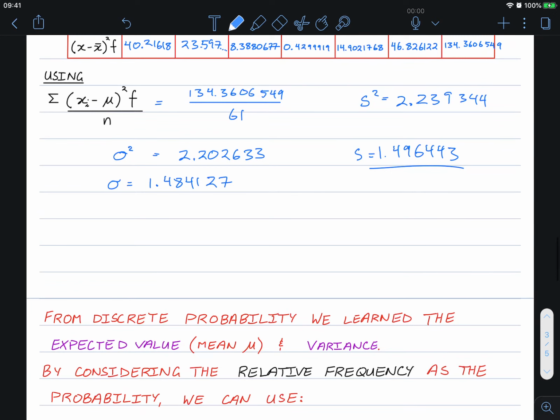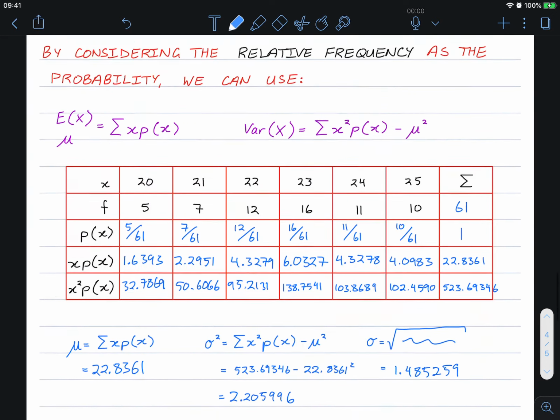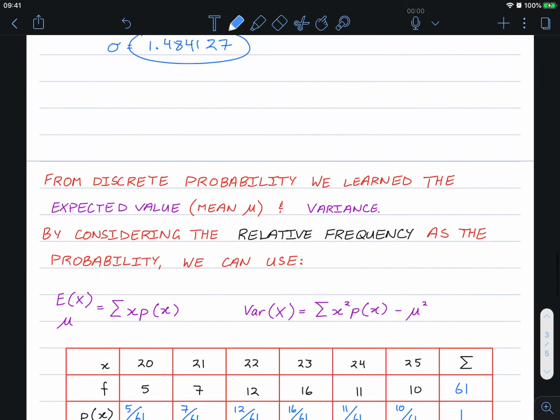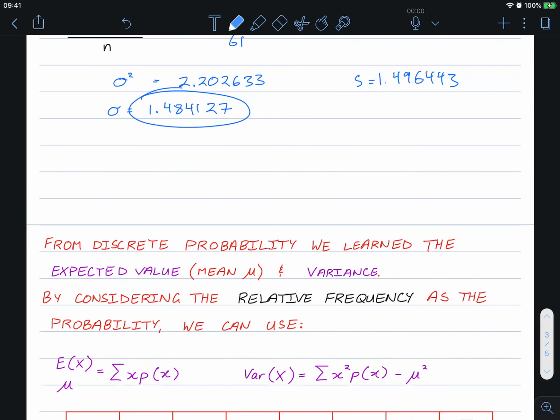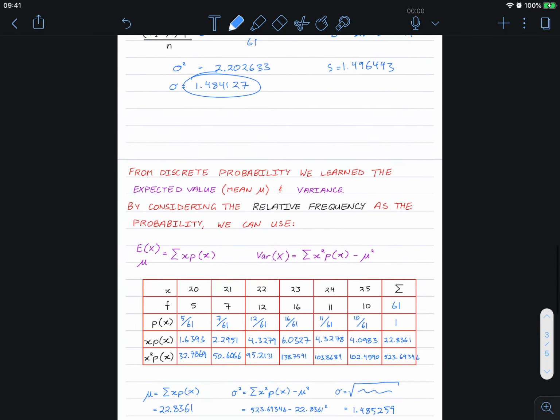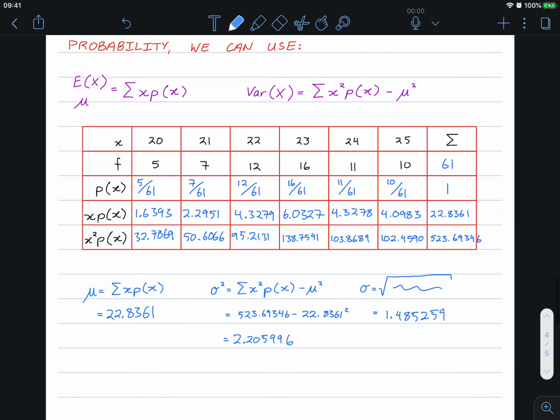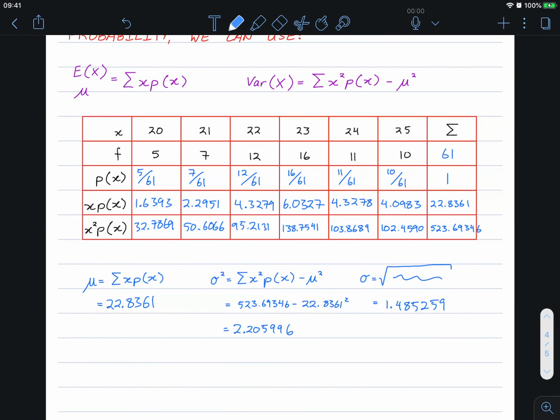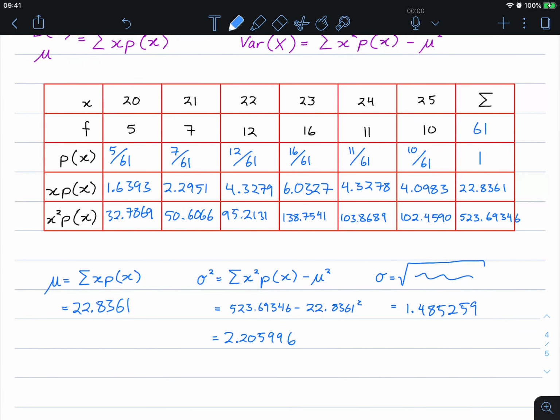Oh, sorry, that's using the sample. This one here, 1.485259, 1.484. So yeah, it's not too far away from its original value. And obviously we'd have more error in this one because I only took it to 4 decimal places.